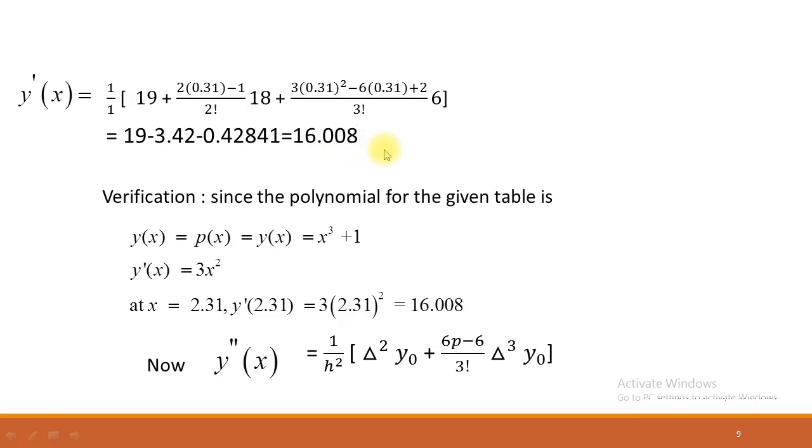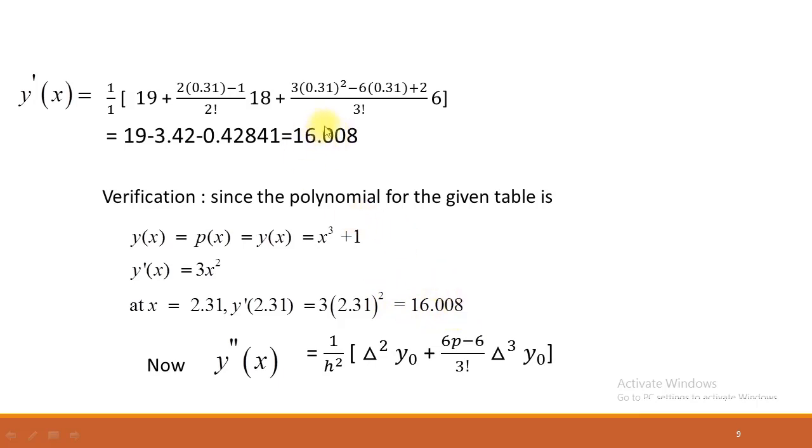16.008. Now to check and verify this approximate result, since the exact function for the table is given by x cube plus 1, let's take the derivative of this function. The derivative by power rule is very simple: 3x square is the first order derivative. Putting x equal to 2.31, we get y dash at x equal to 2.31 is equal to 3 times 2.31 in whole square, which is equal to 16.008.